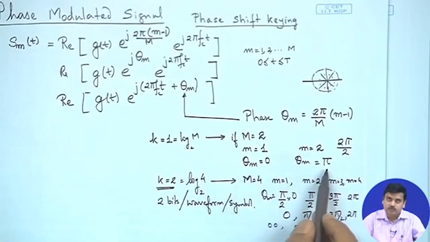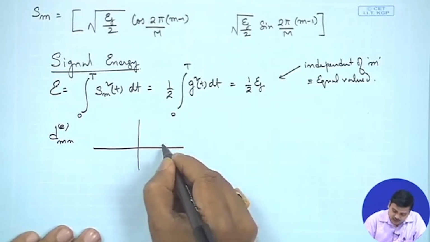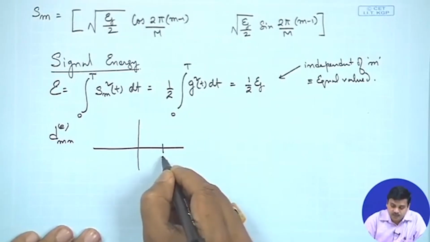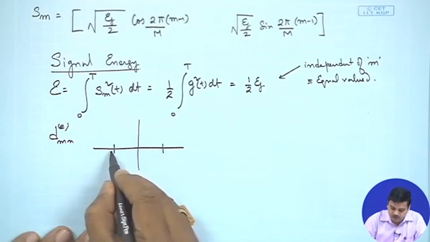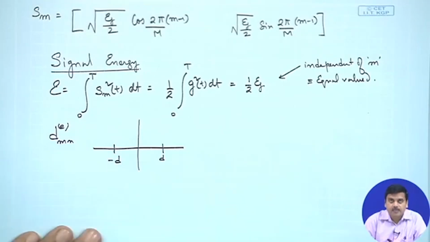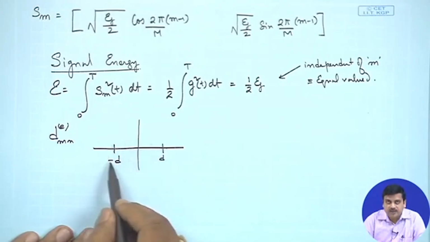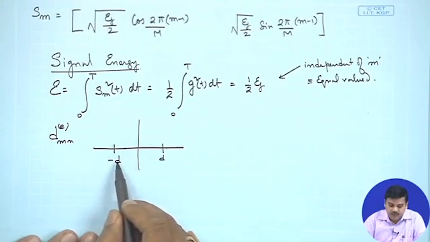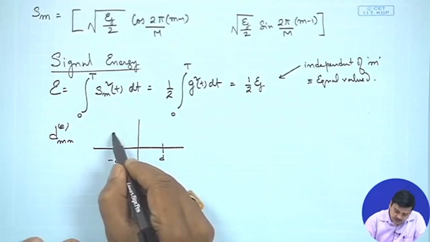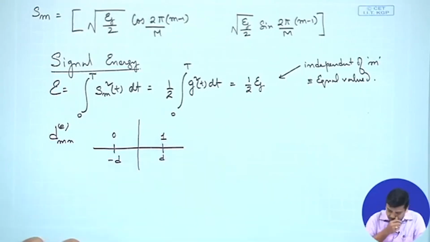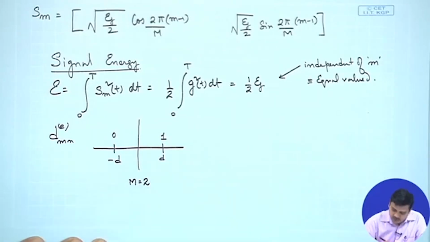In the signal space diagram, let us say there is an amplitude d, at 0 angle, and another at pi angle, that is d and minus d, right. So, it is clear now that for M equals 2, pulse amplitude modulation and phase shift keying would appear the same, and that is what we have here. This you could mark with a 0, this you could mark with a 1, and vice versa. This you would identify for M equals 2.